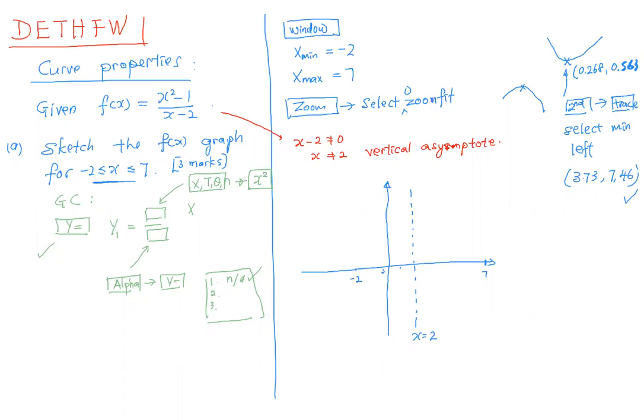What do you mean by the equation? I wrote the wrong thing, Miss. What did you write? x minus 1 over x minus 2. Okay, so this is the wrong answer.